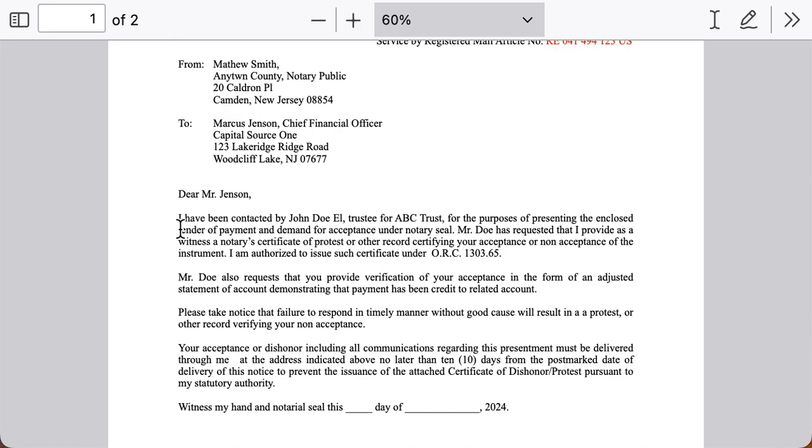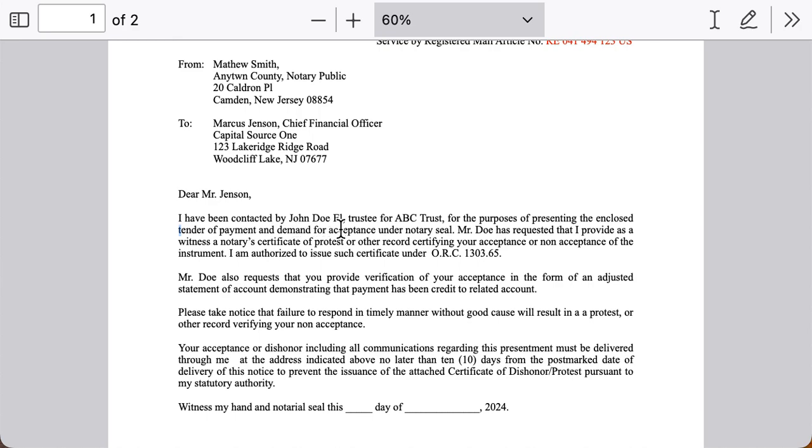Why are we saying tender for payment? Because we looked at the UCC 3 that says if tender of payment is refused, there's discharge to the extent of that tender. So we're using the specific term. I've been contacted for the purposes of presenting the enclosed tender of payment and demand for acceptance under notary seal.